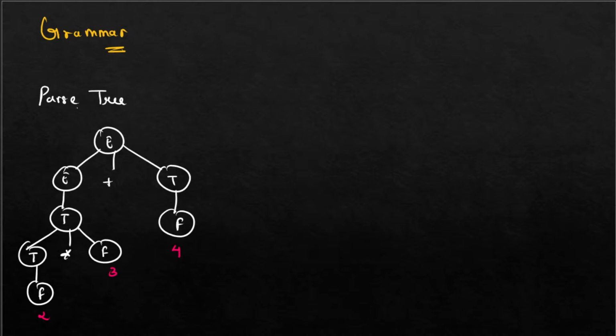Whereas the syntax tree is denoted like this: plus with 4 and multiplication of 2 and 3. This is completely non-procedural, and here internal nodes are operations, whereas in the parse tree internal nodes are variables.